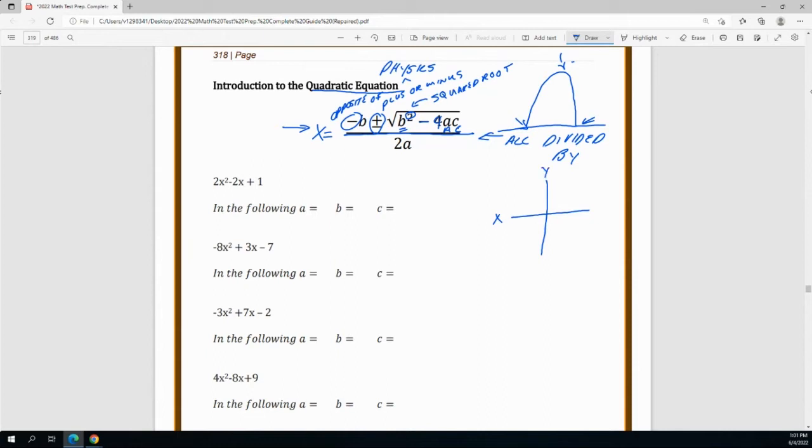This quadratic equation can tell me about my start, my height, and my fall. It gives me a couple of pieces of information: where it starts on the x-axis, where it ends on the x-axis, and its vertex, its height.